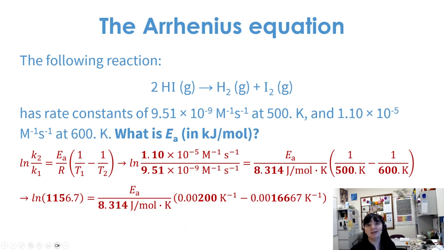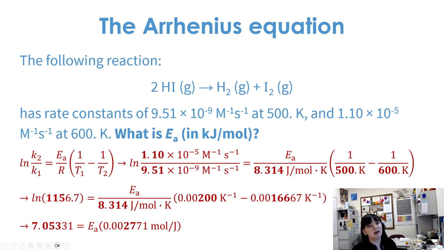From here, I can continue to evaluate this, taking the natural log of 1,156.7. I get 7.053. One thing to note about significant figures when it comes to logarithms: it's a little bit different than the normal sig fig rules we're used to for multiplication and division or addition and subtraction.